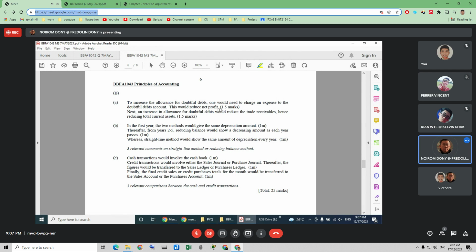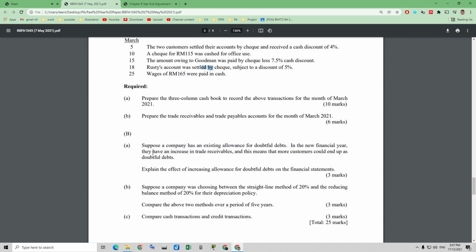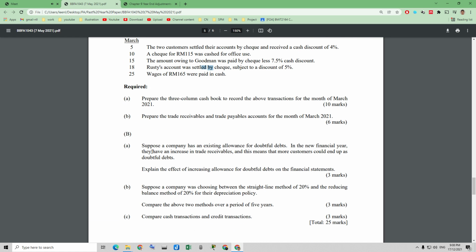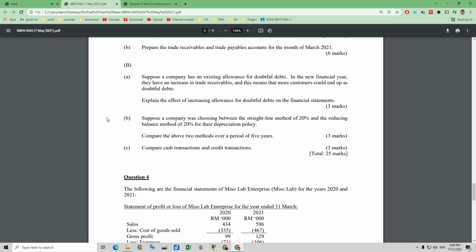If there is an increase in the allowance for doubtful debts, we are providing for an expense. So we debit doubtful debts. And the effect is it would reduce the net profit. Why reduce net profit? Because if doubtful debts increase, it is an expense, isn't it?